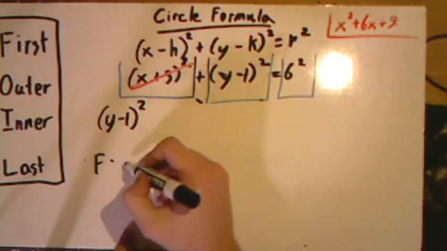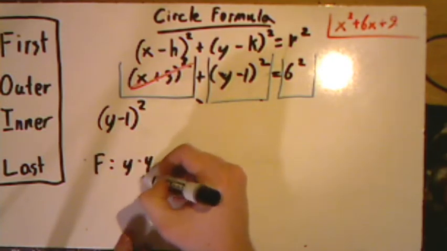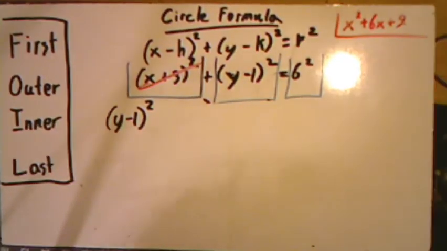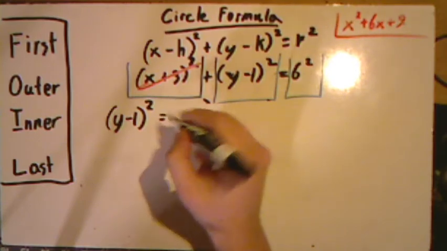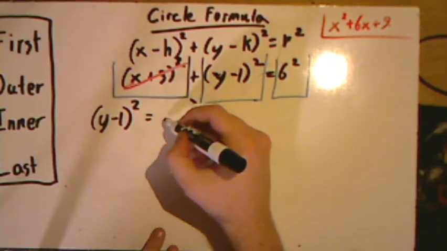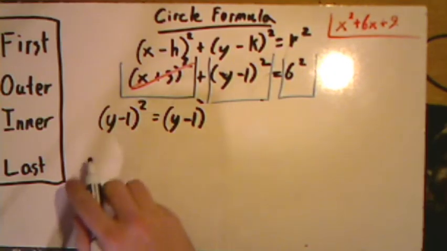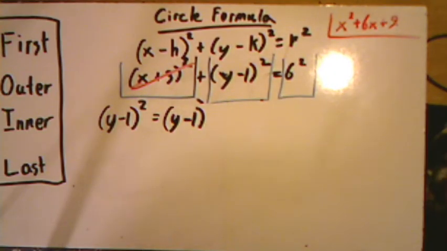our first is y times y. We should just be able to, in our heads, understand that. What is always helpful is writing out y minus 1 squared as its two binomials. Because again, when you square something, you take whatever the number is.